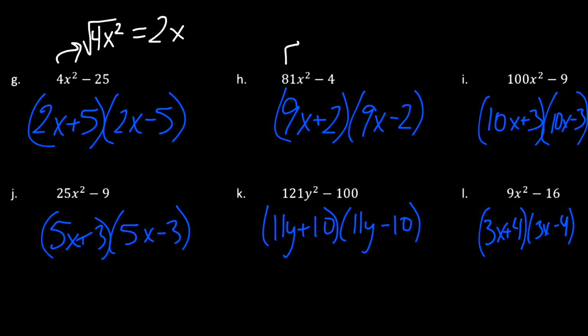Same thing over here, the square root of 81x squared. Well, the square root of 81 is 9, and then the square root of x squared is x. And so that's where we're getting those coefficients that are not 1 on these x terms in front here and here. And other than that, that's honestly pretty much it.